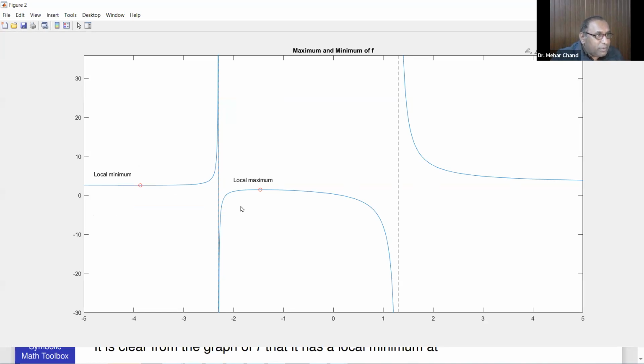These are the local minimum and local maximum which you can plot in the visualization. Many times when you study for research and various types of problems, you need to find the minima and maxima, and sometimes you need to plot them in the image also. So this syntax will help you.